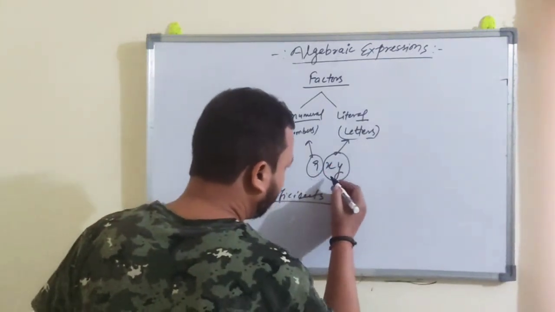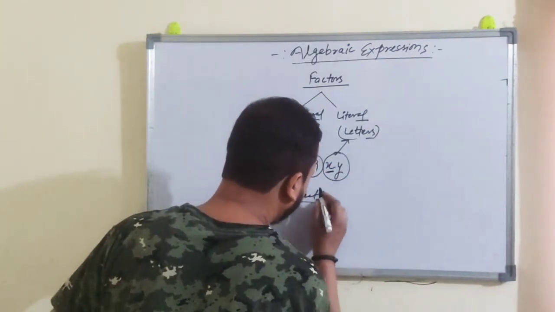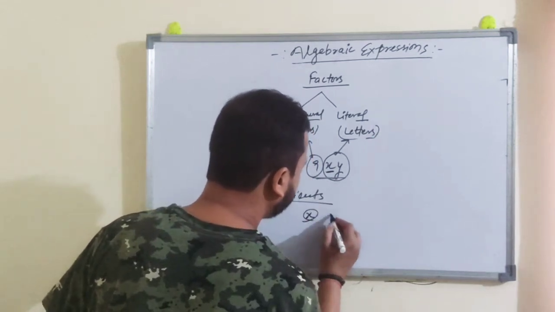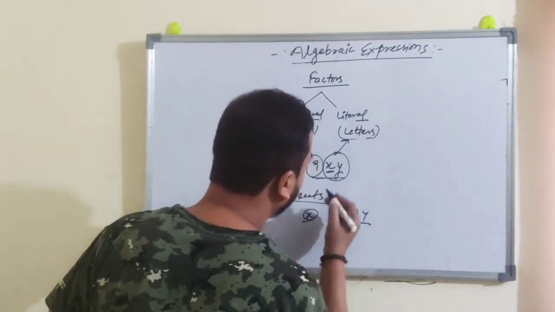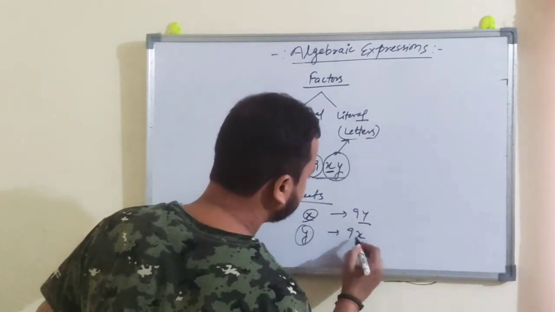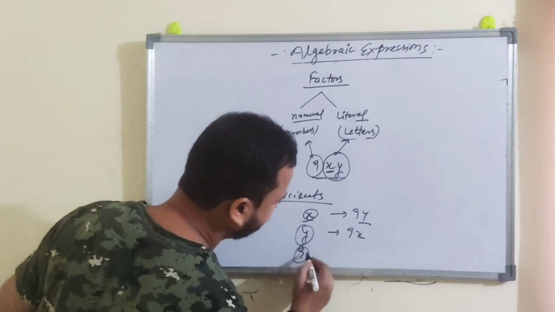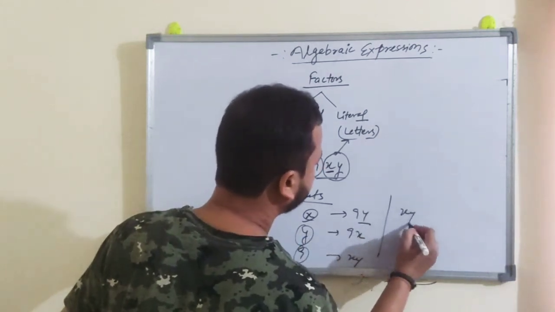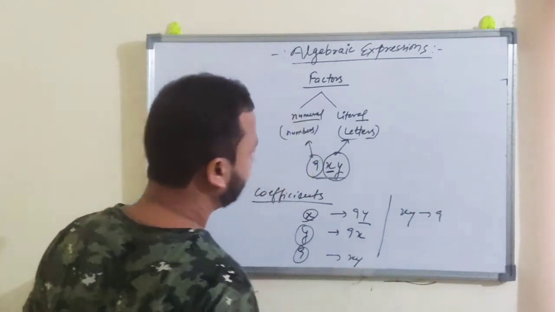So if you are talking about what is the coefficient of x in this expression, the coefficient of x is 9y. If we are talking about the coefficient of y, it is 9x. What is the coefficient of xy? That is 9, right?